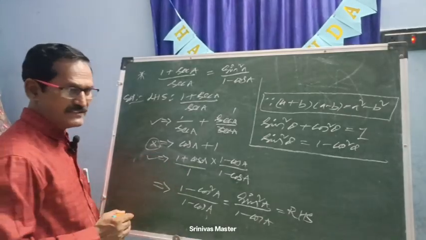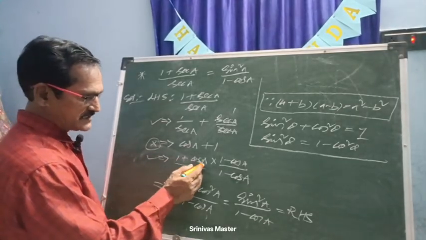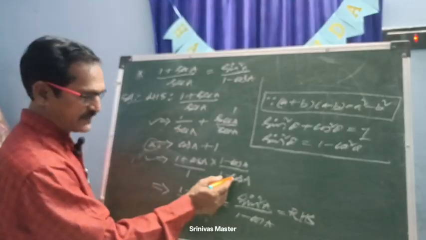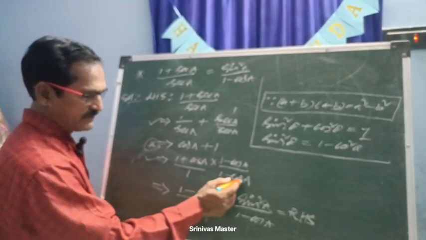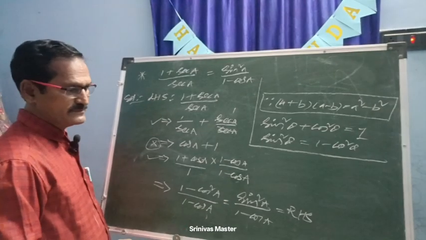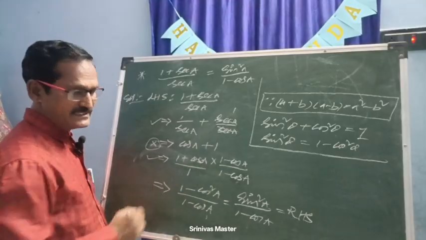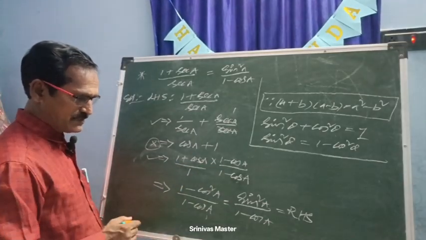So the rationalizing part is very important. So 1 plus cos A means multiply numerator and denominator by 1 minus cos A by 1 minus cos A. This step is compulsory.